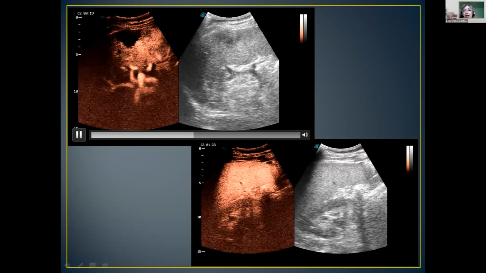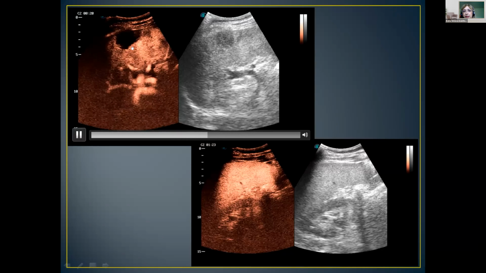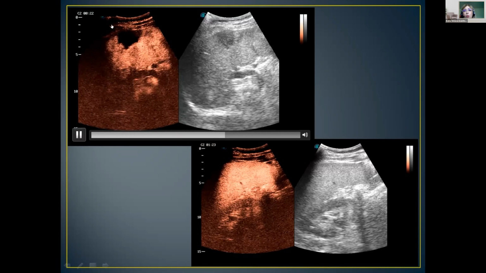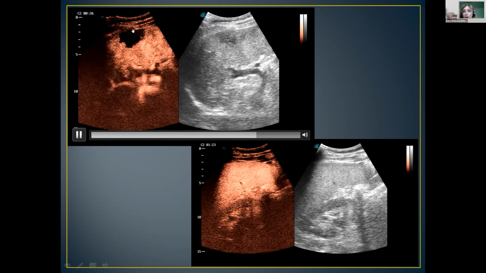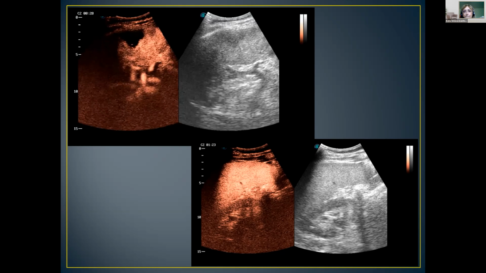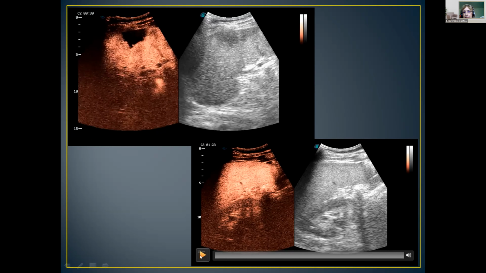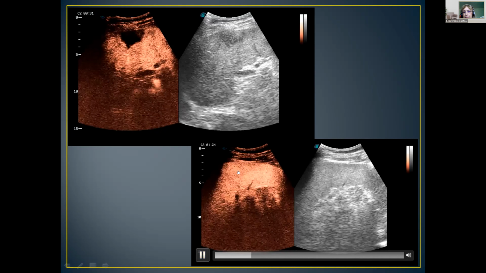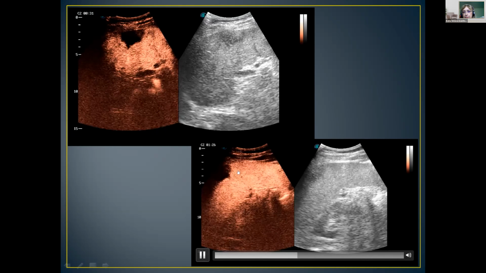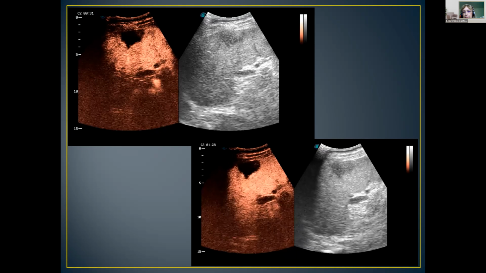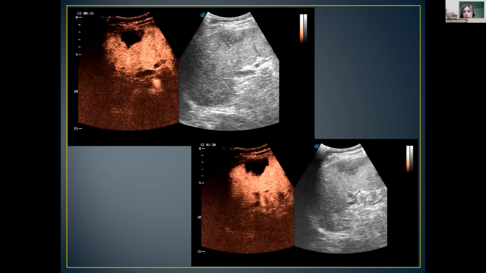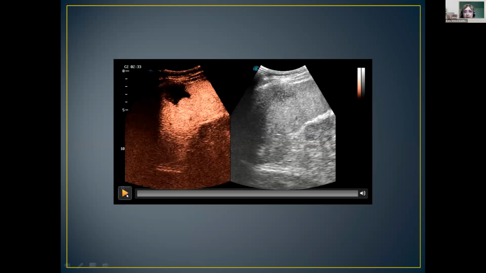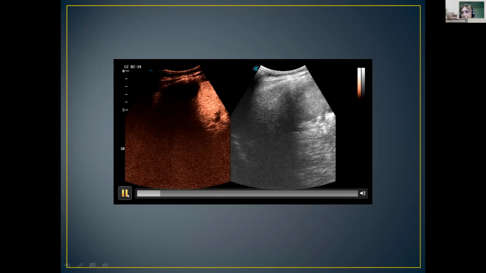It was a non-enhancing triangular lesion, without enhancing on the walls, without washout on the walls. So this was an infarction.